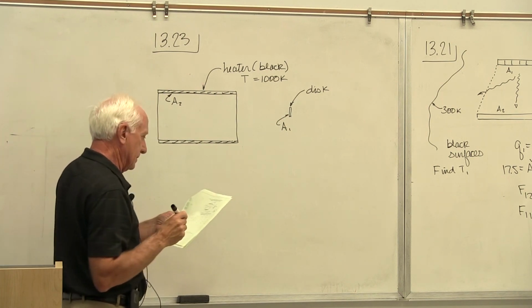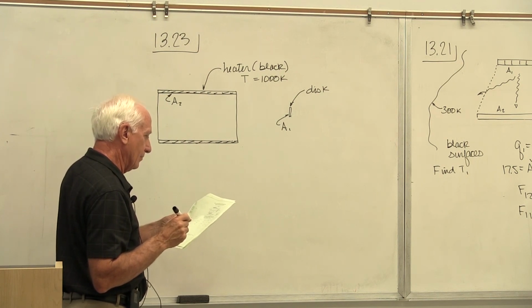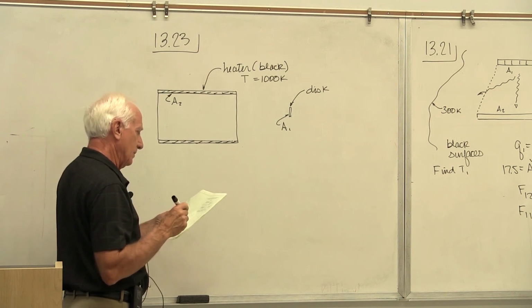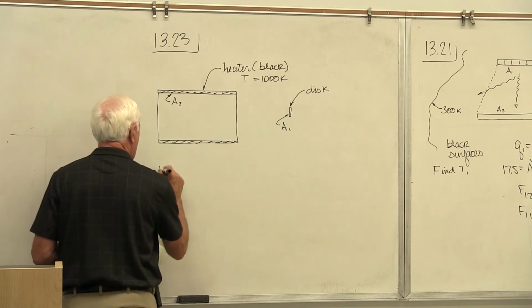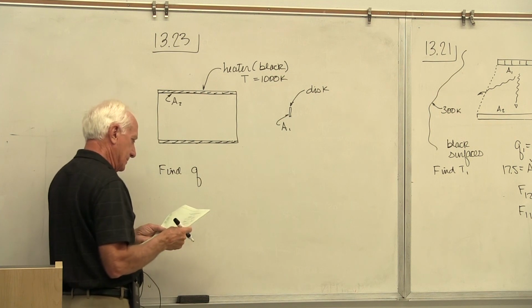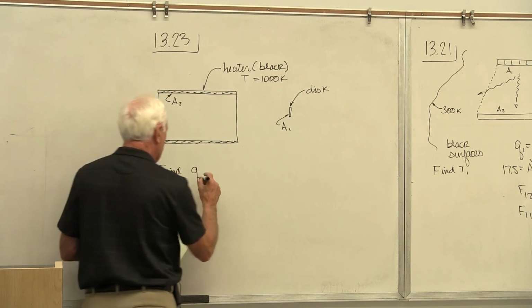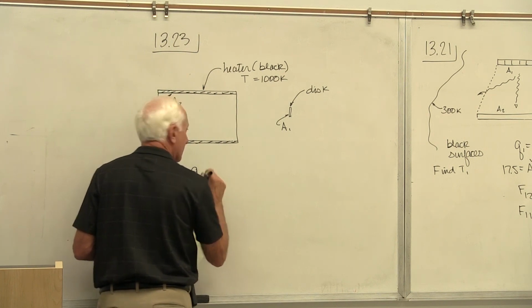He says find the radiant power from the heater which is incident on the disk. I want to say the heater is area 2, so 2 to 1.